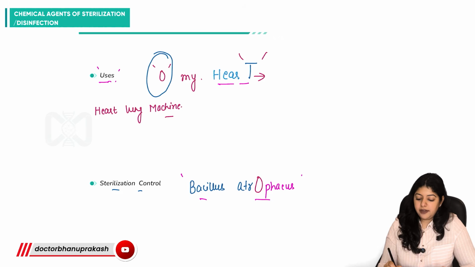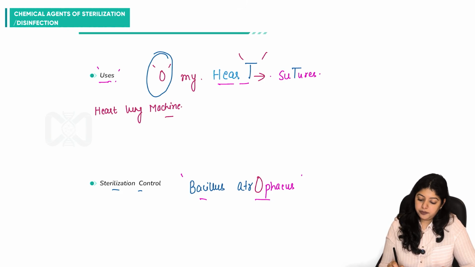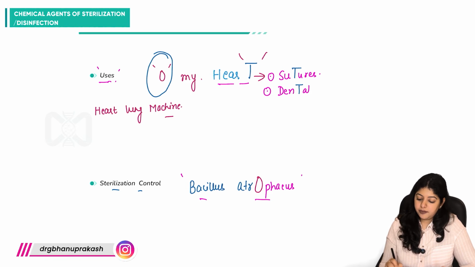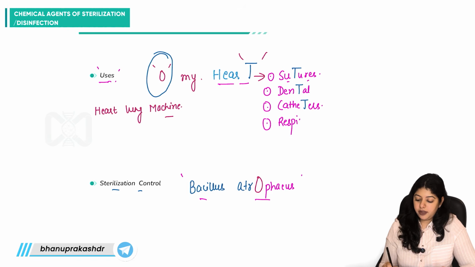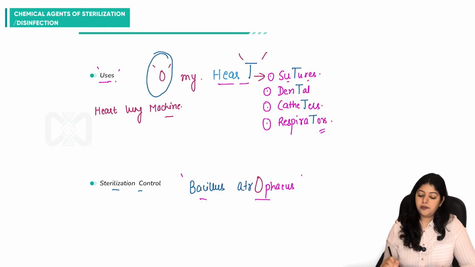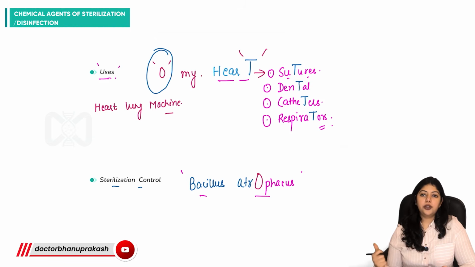Firstly, we have sutures, dental implants, then we have catheters, then we have respirators, etc. So heart-lung machine, all the sutures, catheters, respirators, dental instruments, implants, these can all be disinfected with the use of this ETO machine.